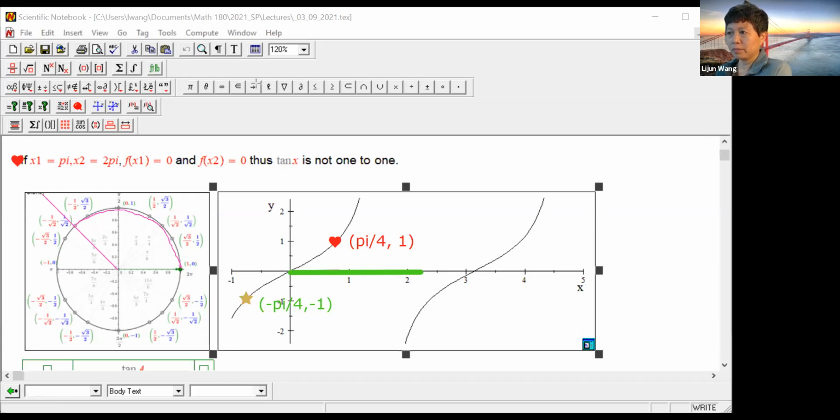You follow me? So this green is 3 pi over 4, approximately. So what will be the ratio? The ratio is here, approximately. It should be -1.